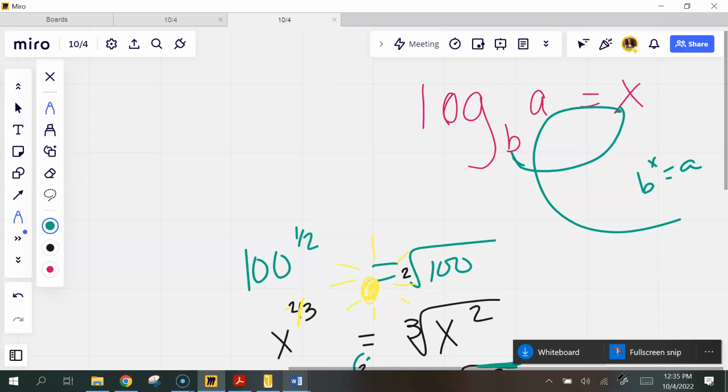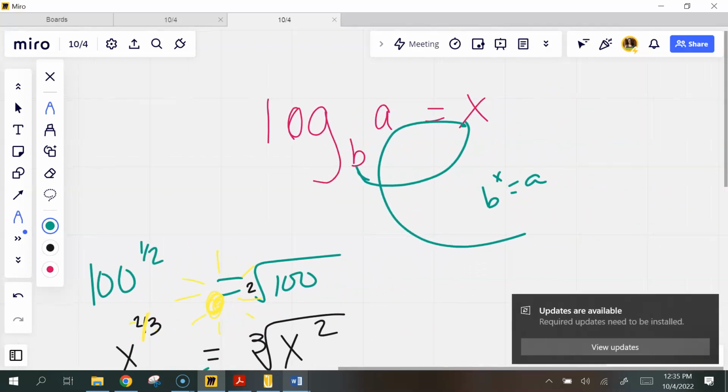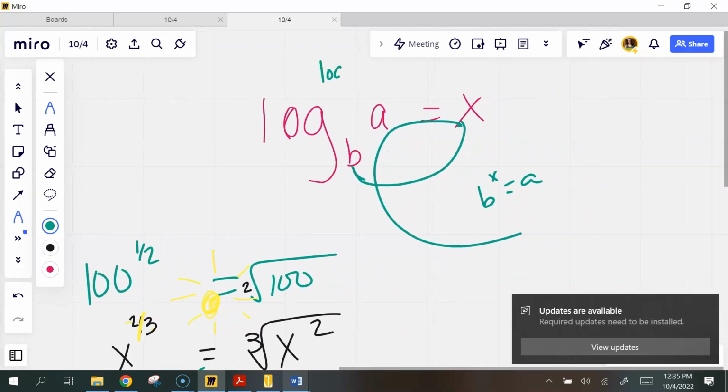So is that change of base form? This is log form. This is exponential form. This is not on your thing. This is what you were doing yesterday where I put it up there. A log is a function.